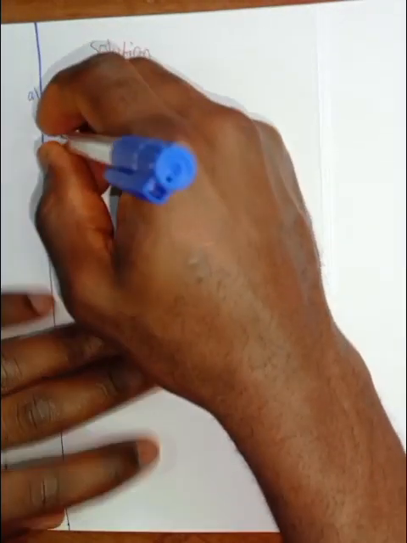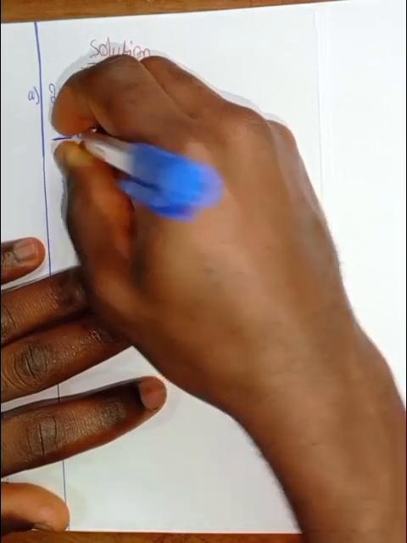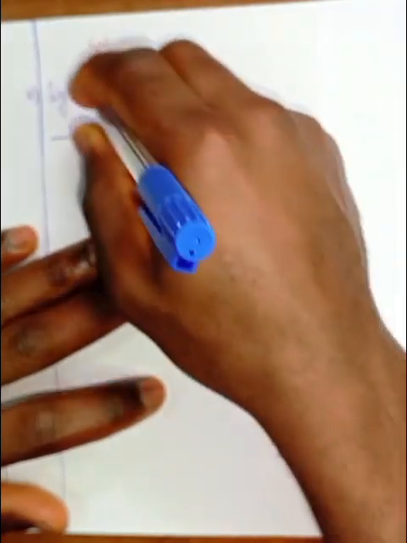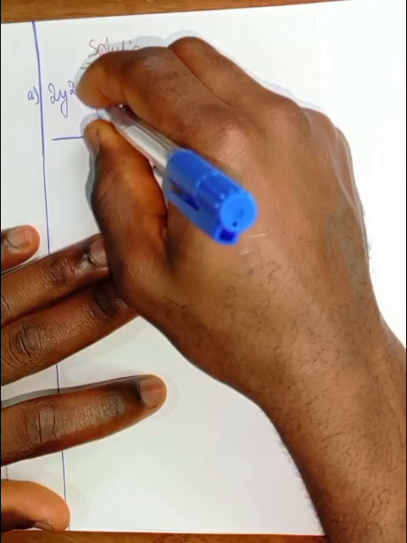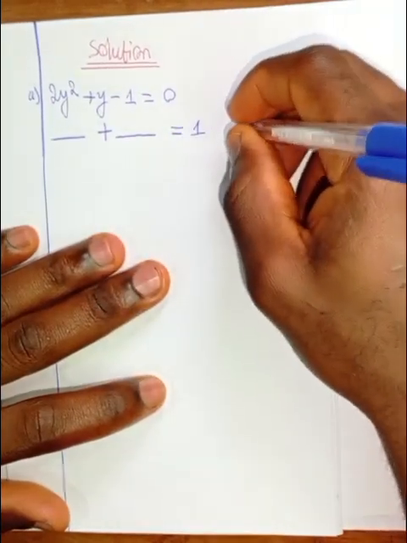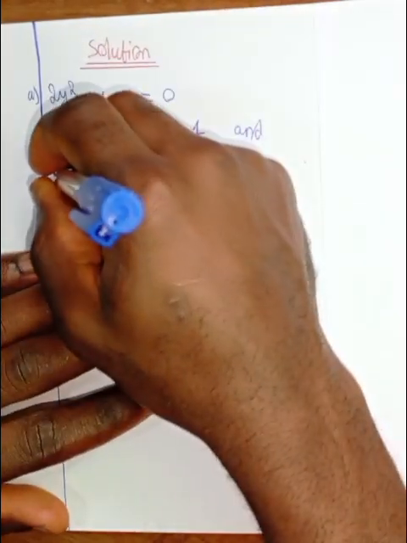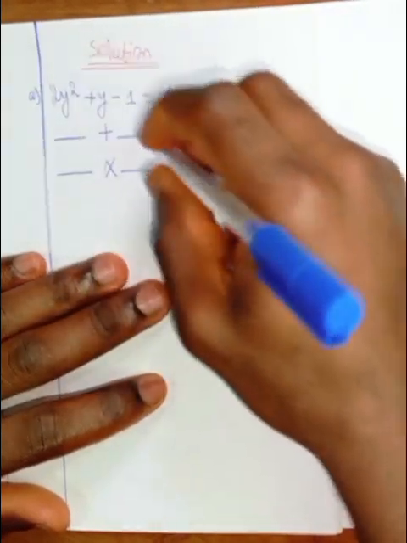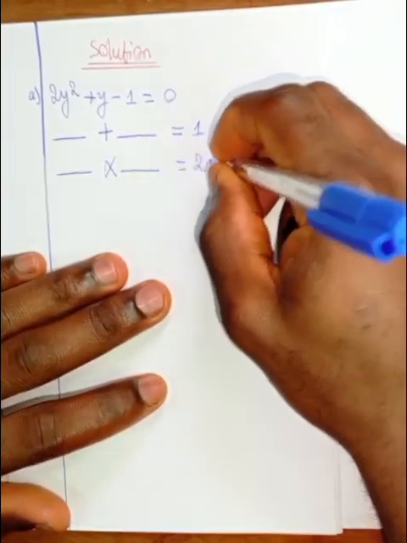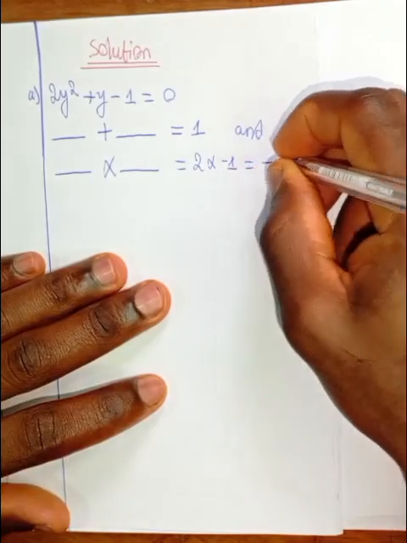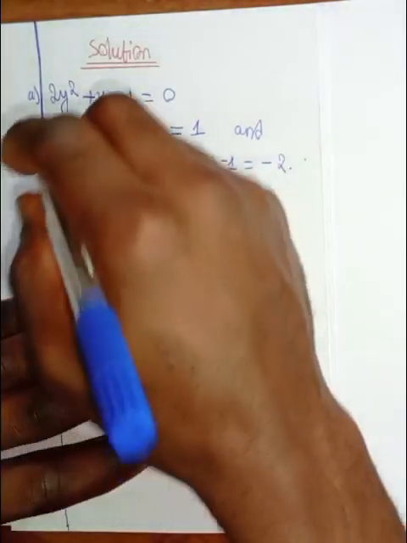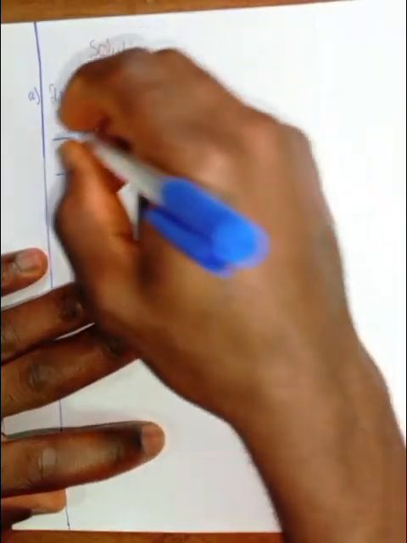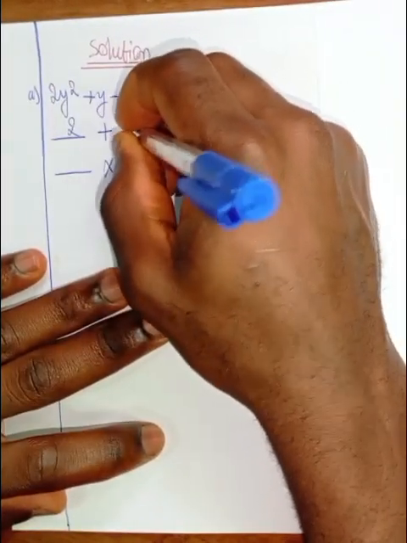First thing, we need to start by finding two numbers such that their sum is equal to the coefficient of y here, which is 1, and their product is equal to a times c, 2 times negative 1, which is equal to negative 2. You will see that those two numbers must be 2 and negative 1.